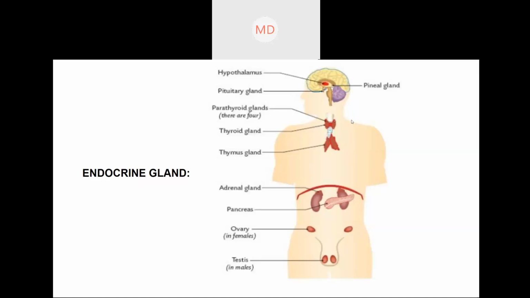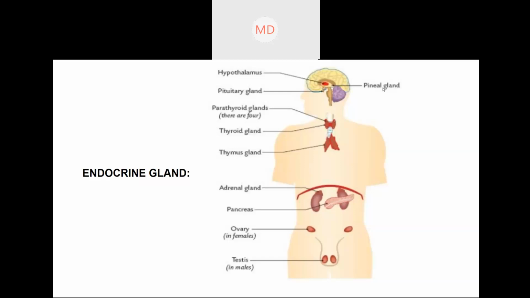So there is a hormone that is melatonin. I am mentioning this particular hormone because it is a very important hormone released by the pineal gland. Melatonin forms a pigment, that is melanin pigment.